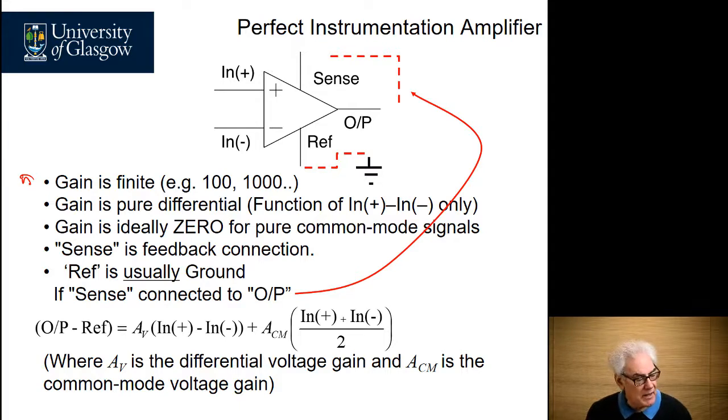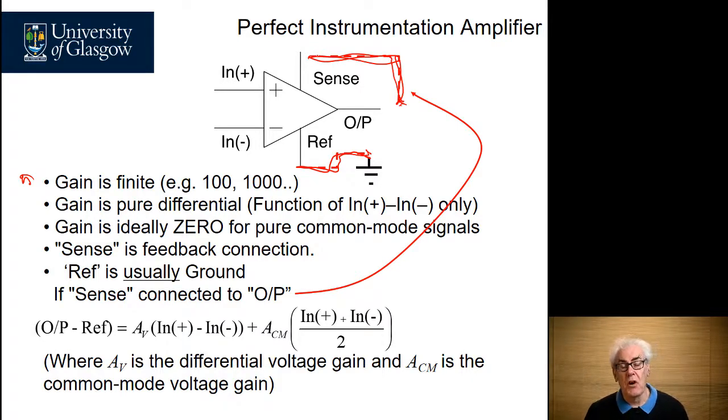The reference signal is usually referred to ground, although it does not need to be. You could refer it to other points in the circuit as well, perhaps a bias rail. And the sense signal is usually connected to the output in a conventional feedback fashion.